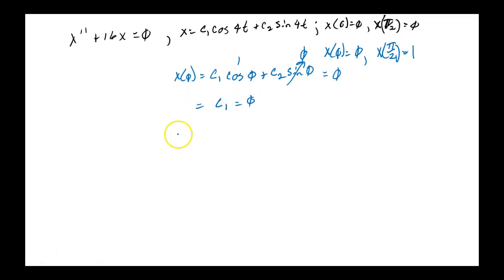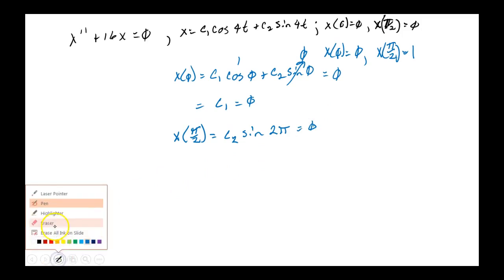So let's do the second one. X of pi halves is equal to, C1 is 0, so don't worry about that, C2 times the sine of 4 times pi halves, which is 2 pi. And they claim that needs to be equal to 1.